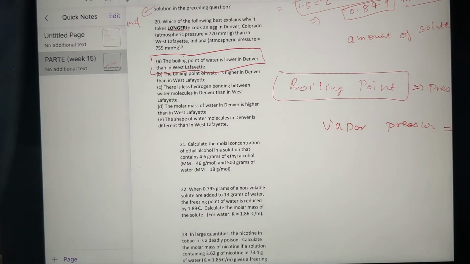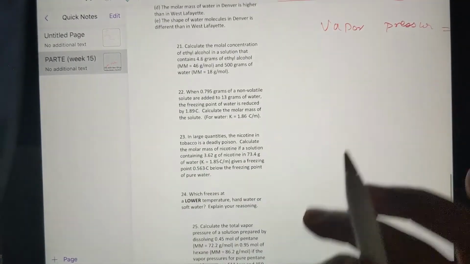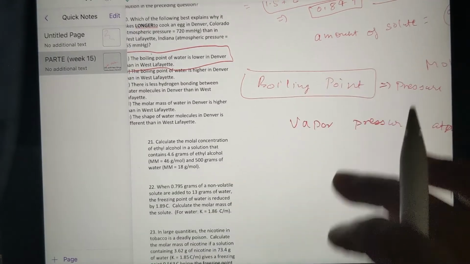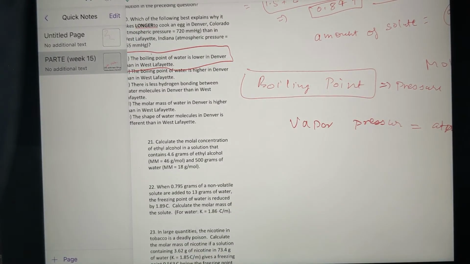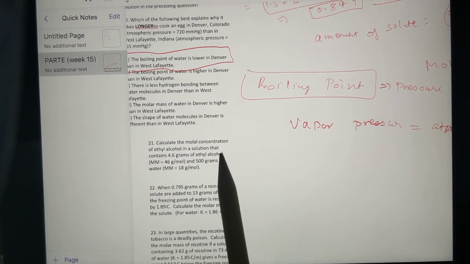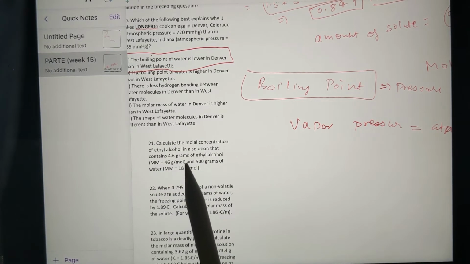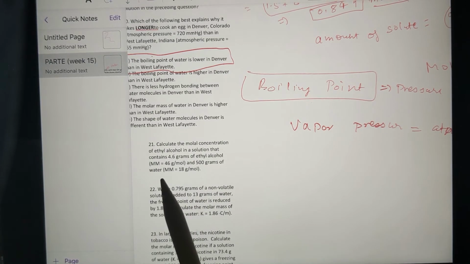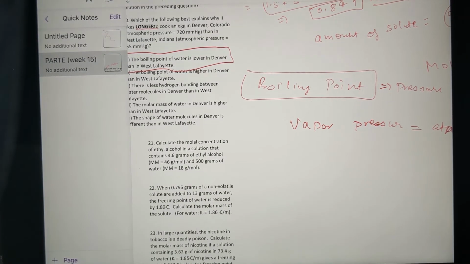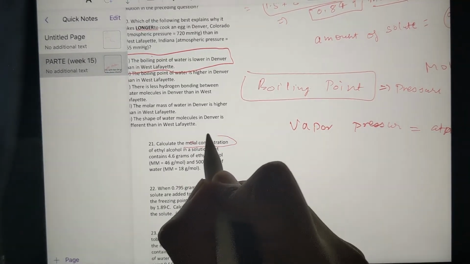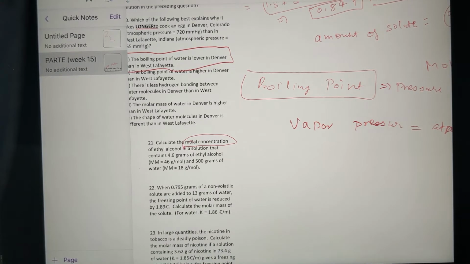Okay, next question is also a calculation. Yeah, I think all these last 4 questions are calculation, so let's do it. Calculate the molar concentration of ethyl alcohol in a solution that contains 4.6 gram of ethyl alcohol and 500 grams of water. Okay, so it's asking you molar concentration, remember, not molar.